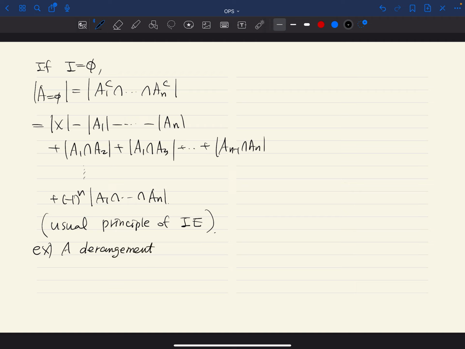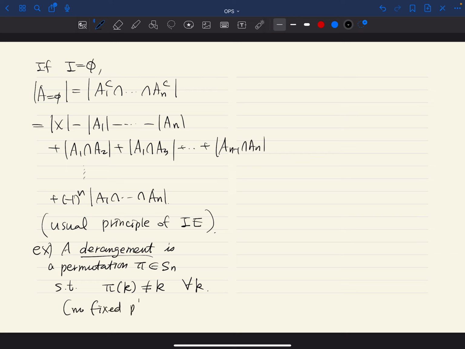If you haven't seen this, a derangement is a permutation pi such that it has no fixed point, for all k, no fixed point. Yeah, this derangement has just no fixed points. Maybe you have seen this thing. So it's an interesting example.